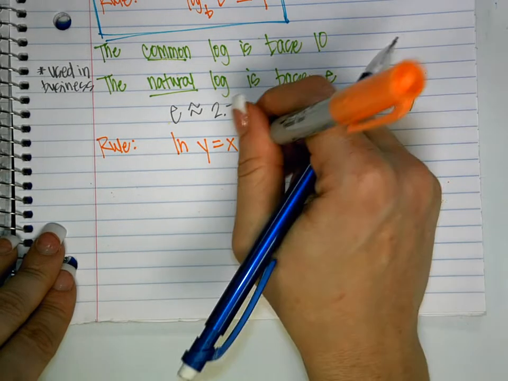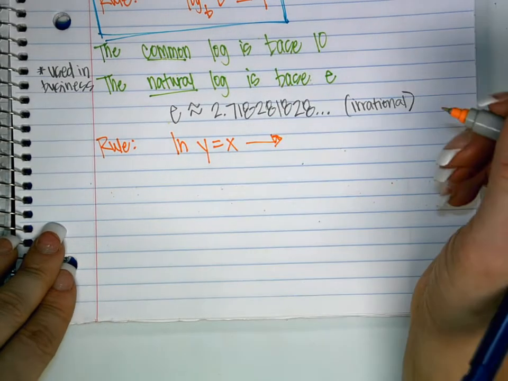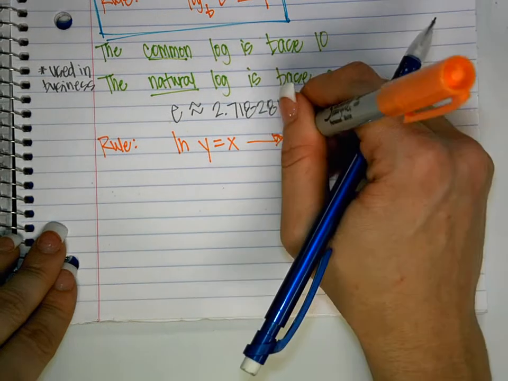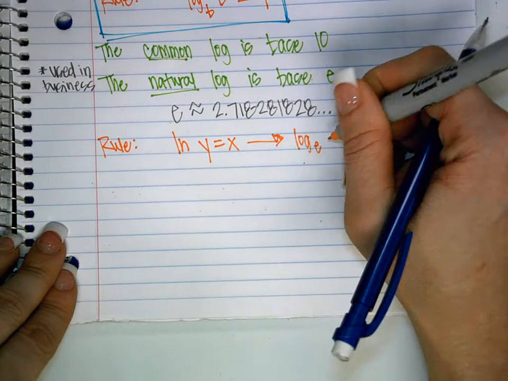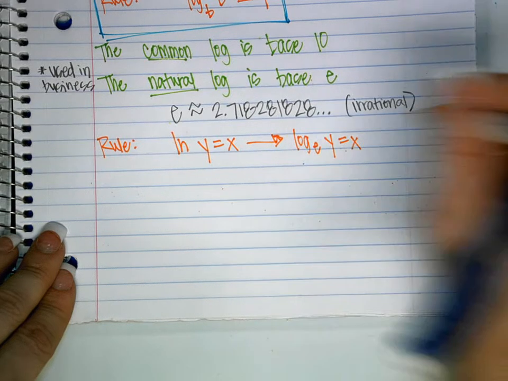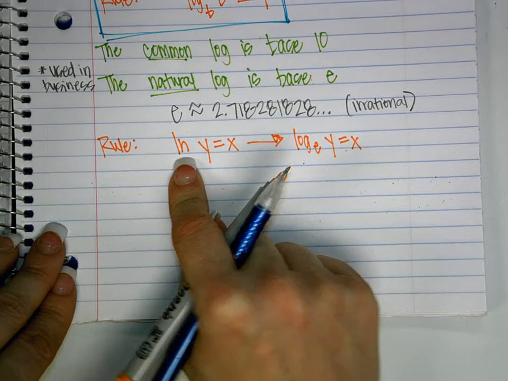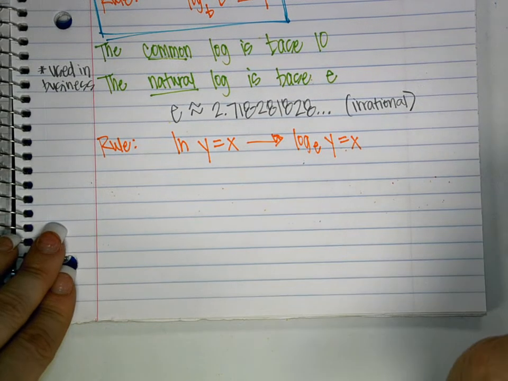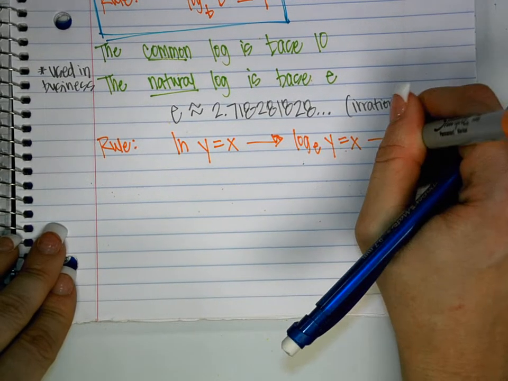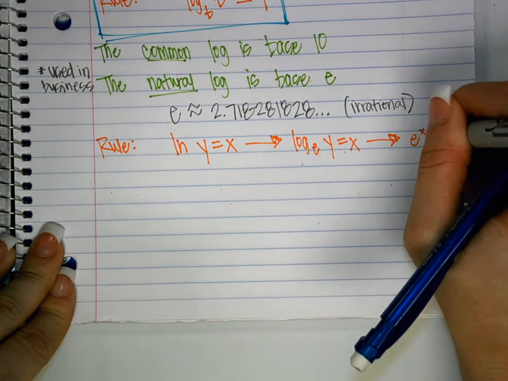Anytime you see it, you should replace it with log base e of y equals x. So anytime you see ln, that's called natural log, you replace it with log base e. Then that can be converted to e to the x equals y.